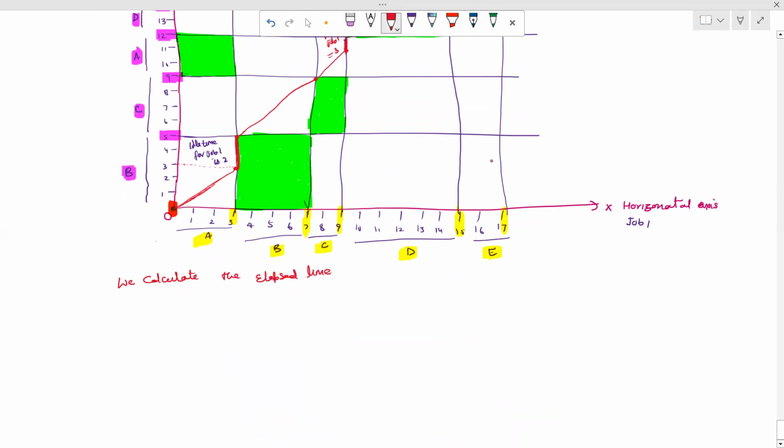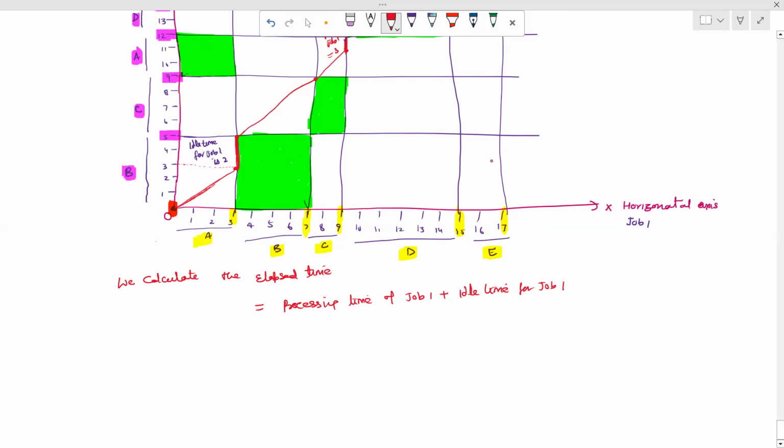So here in graphical method, we calculate the elapsed time as processing time. So we write down the processing time of job 1 plus idle time for job 1.